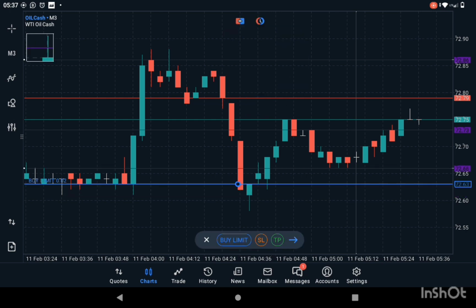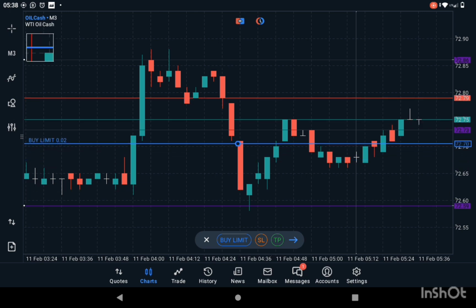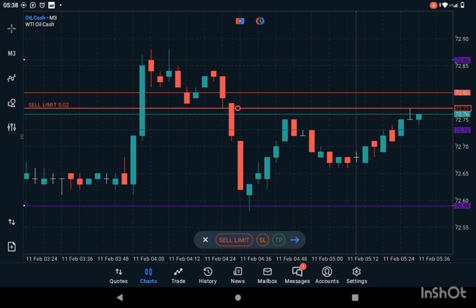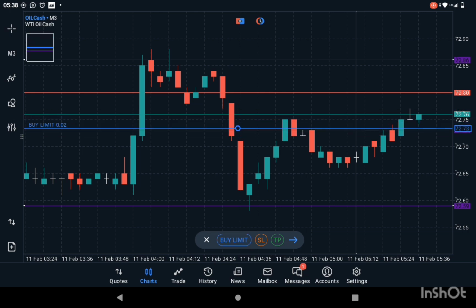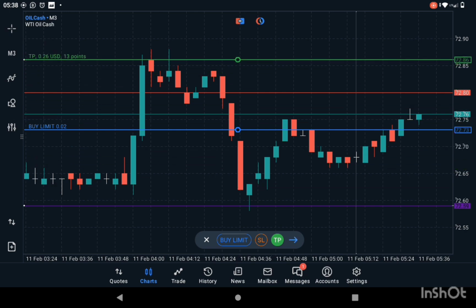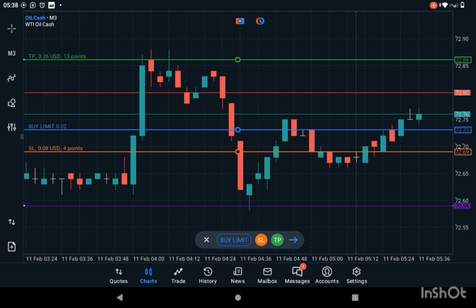I'll place a sell limit here. Now, you see what I'm saying? That it actually is too volatile with such a huge space, right?